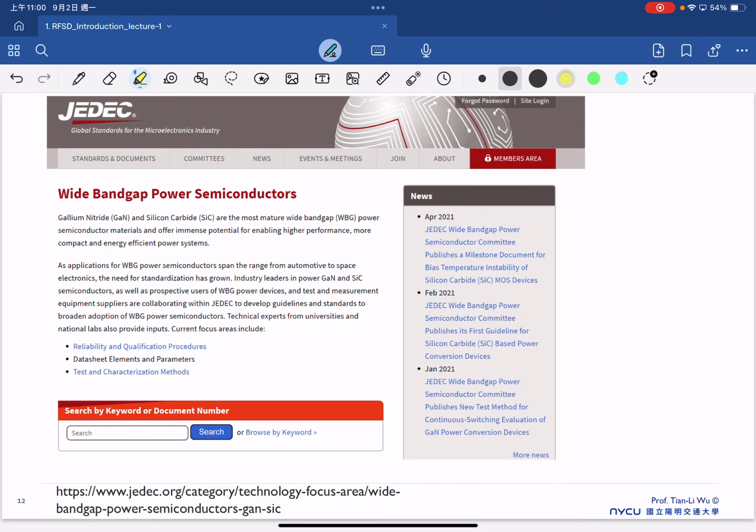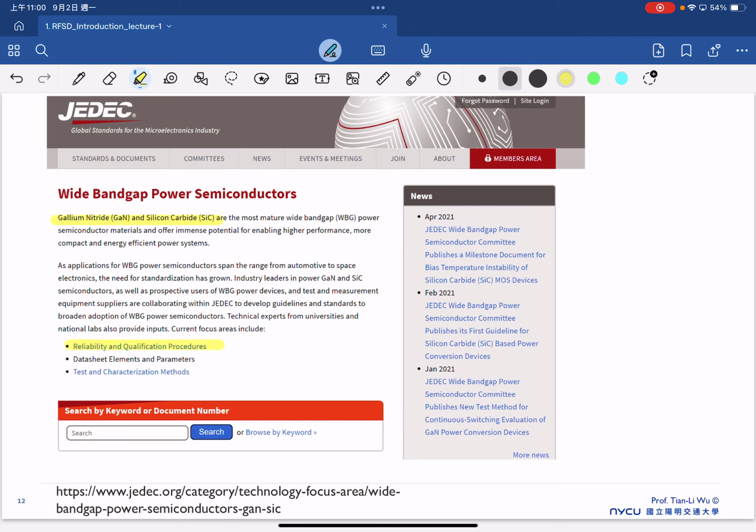On this page, they mention this is a wide bandgap power semiconductor, and they clearly mention gallium nitride and silicon carbide are the most mature wide bandgap semiconductor materials and offer immense potential for high performance, more compact, energy efficient power systems.